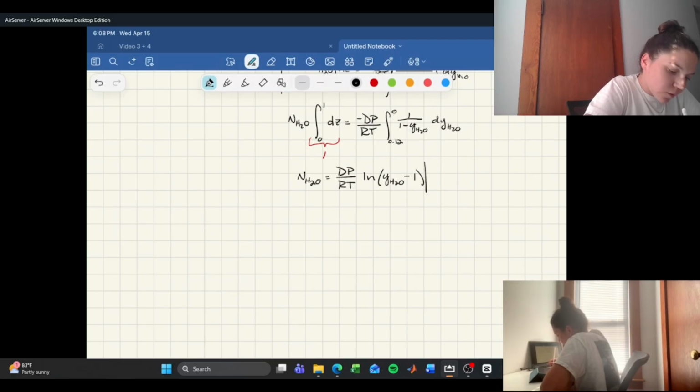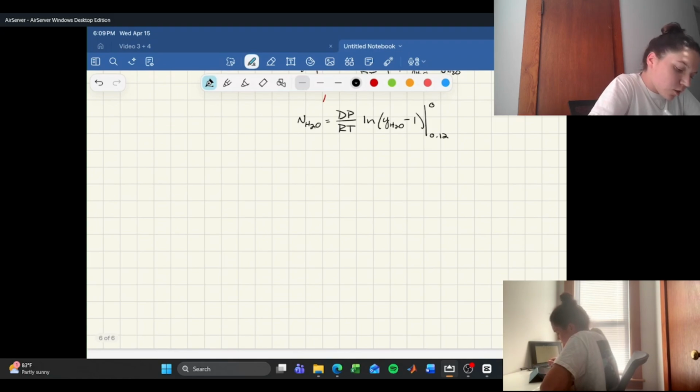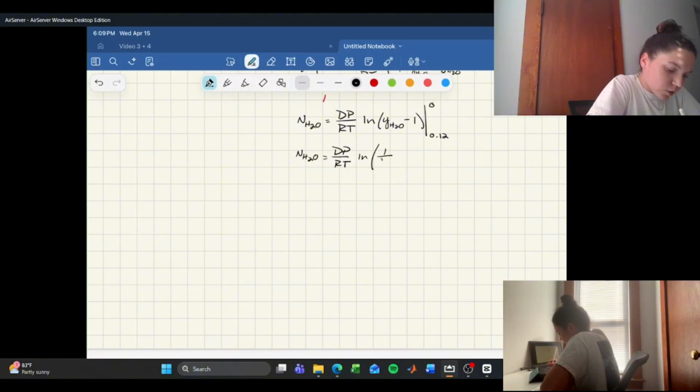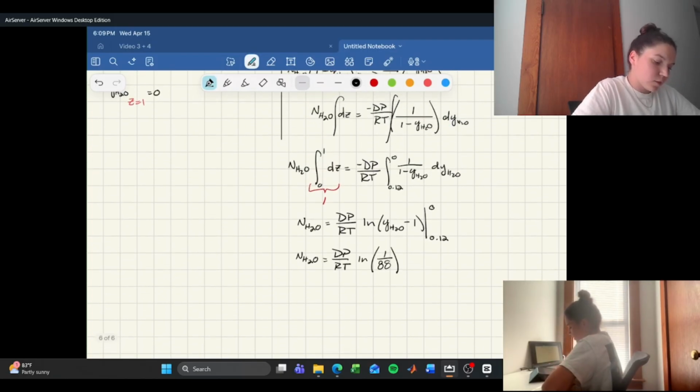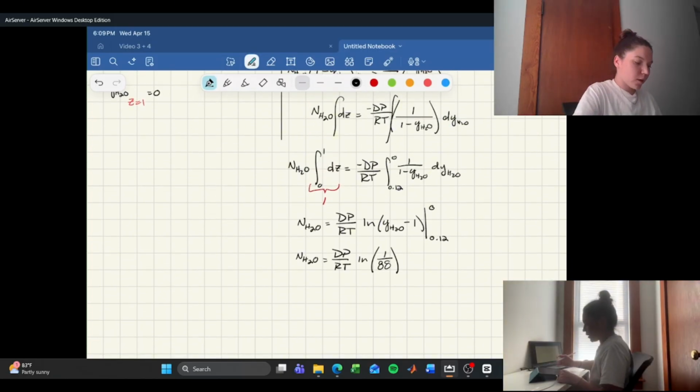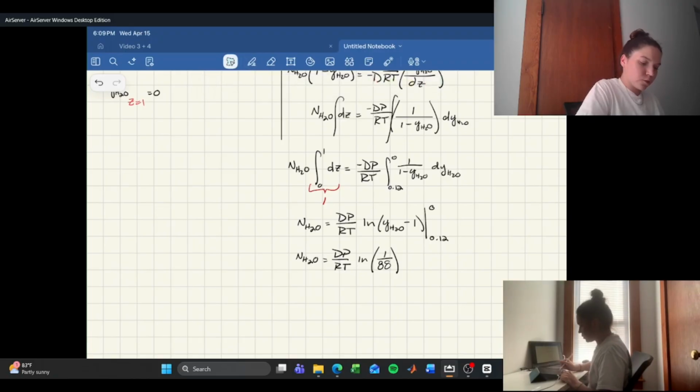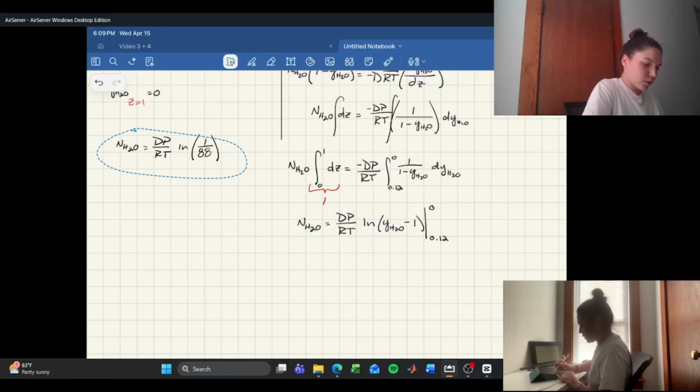This is going to be from 0.12 to 0. So we're going to be left with this equation: 1 over, this is going to be 88. Alright. If we plug in the values from before, it's going to move this up here.